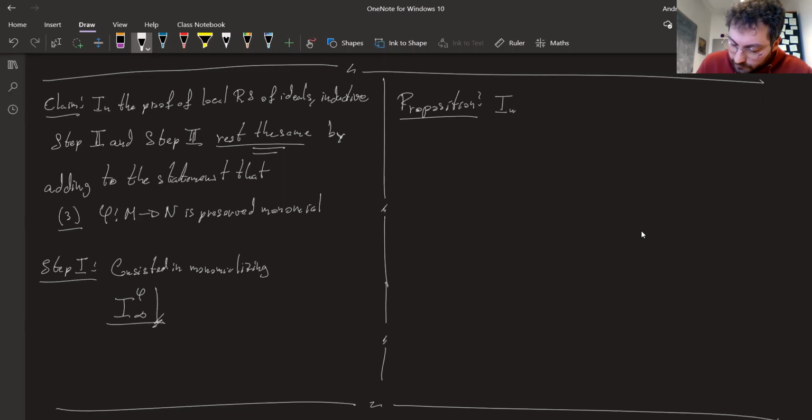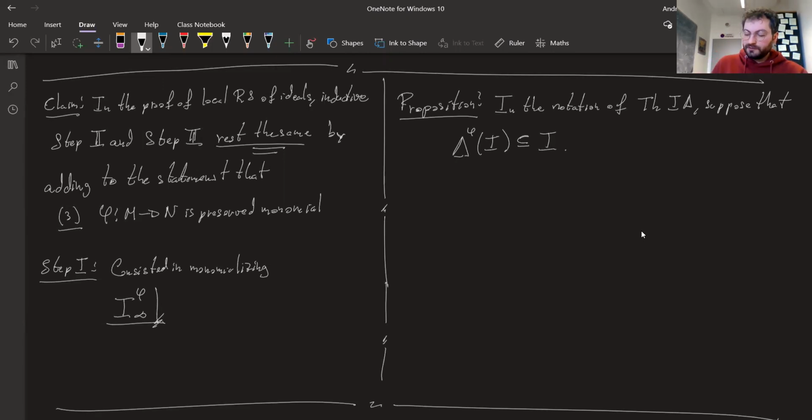So in the notation of theorem 1a, suppose that if we apply all of the derivations, we are still containing the ideal.